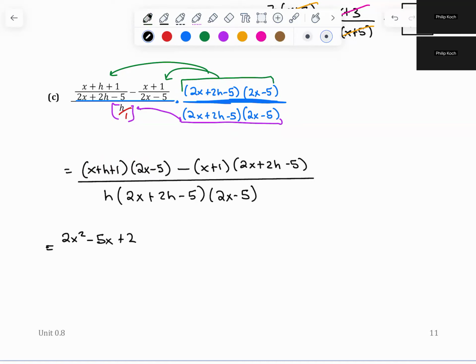And then plus 2xh minus 5h plus 2x minus 5. Minus in parentheses.